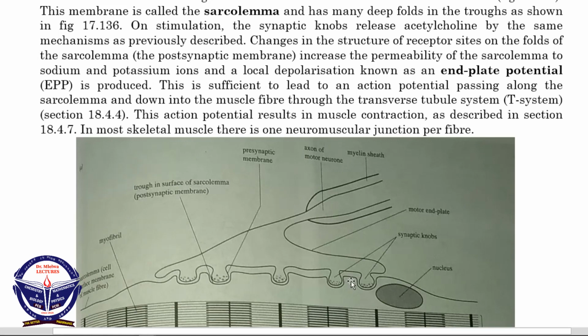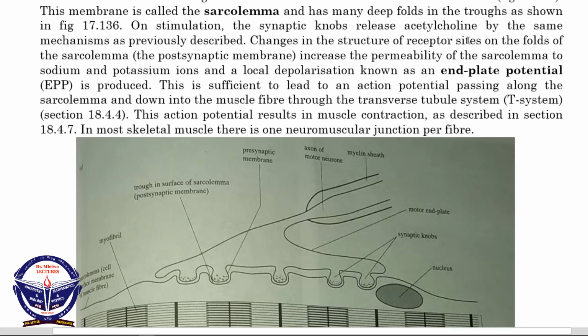So actually the mechanism of release of neurotransmitters is just like how it happens in the normal synapse. You can also see that this membrane is called the sarcolemma and has many deep folds in the trough, as shown in the figure here.